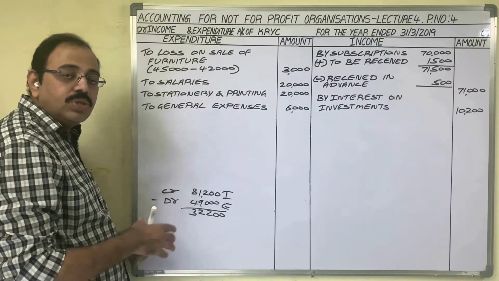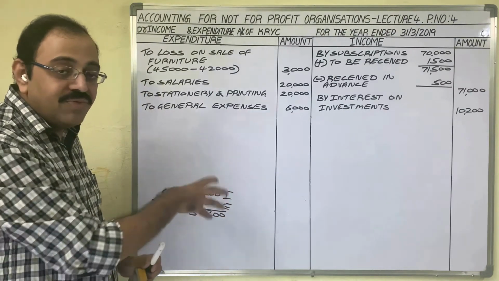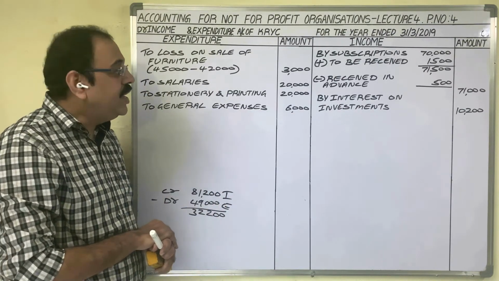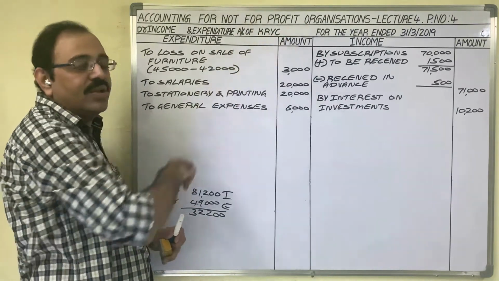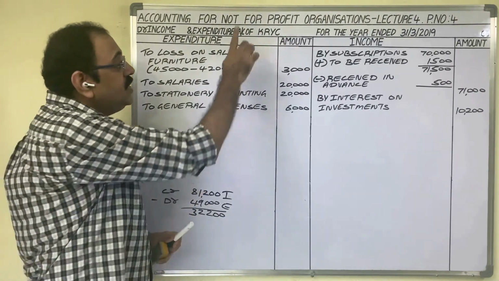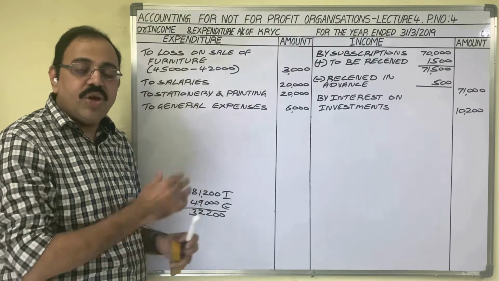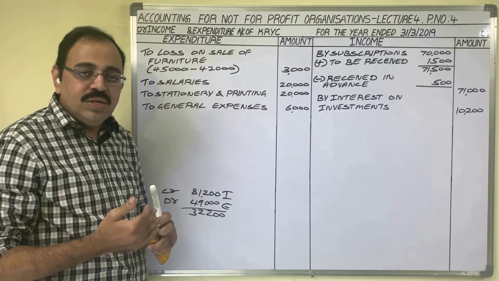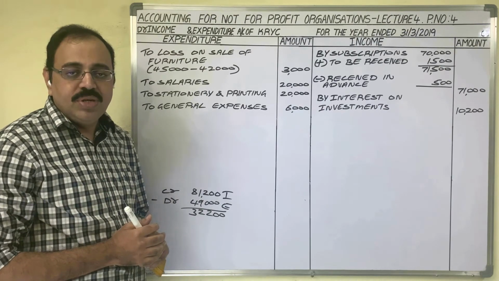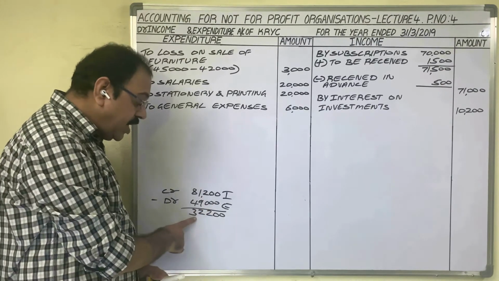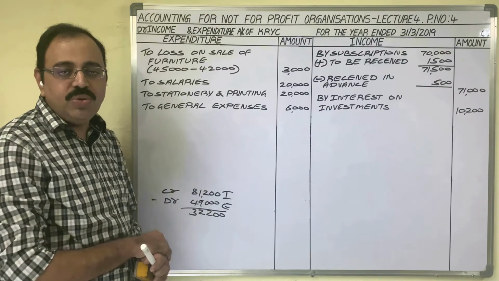We should not use profit, loss words here because it is not for profit organizations. If it is a for profit organization, we can use those words. We got profit, we got loss. But here we should not use them. Instead of that, surplus or deficit words we should use.